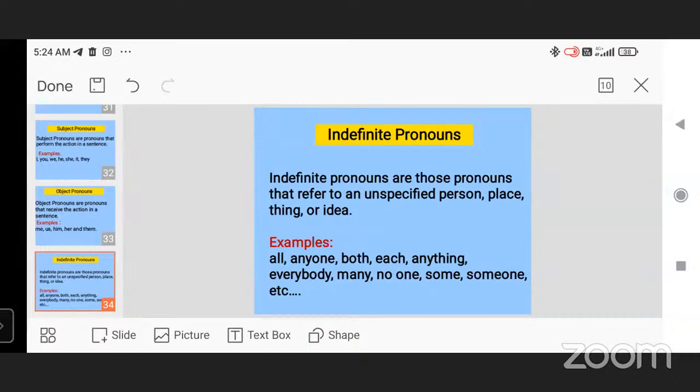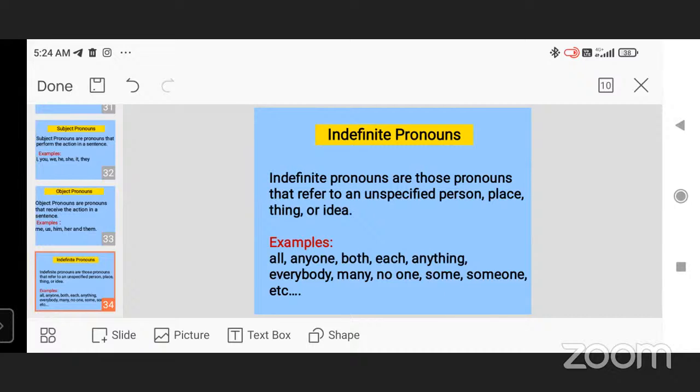You can see far away a group of persons standing in a place, and they are shouting. What will you say? Will you say Karthik is shouting, Sunita is blaming? No. We will say that everybody is shouting, all are shouting. That is called an indefinite pronoun.